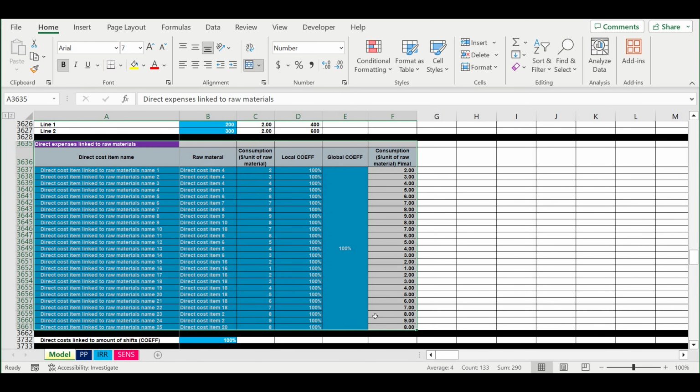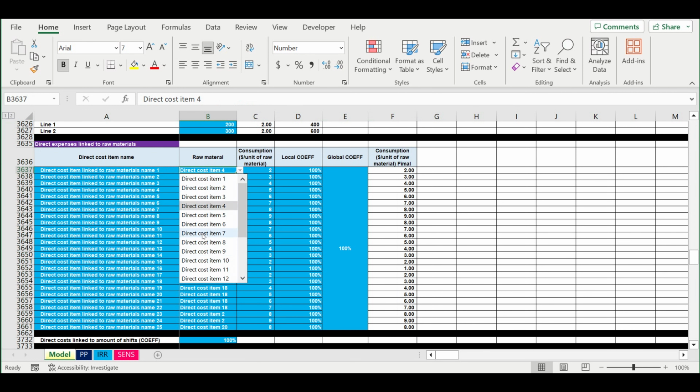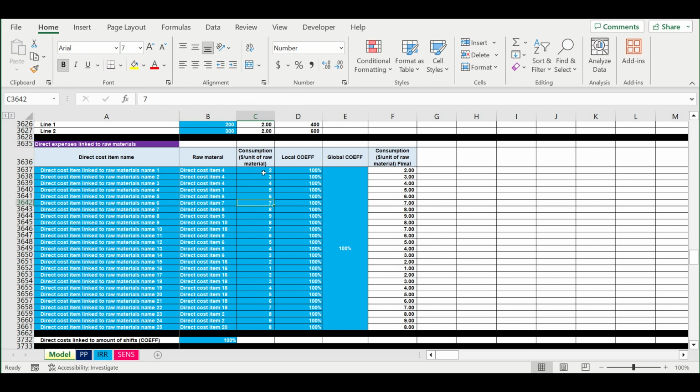Here, in this block of inputs, we're specifying the name of direct cost item. Then we set up the raw material to which this direct cost is linked to. Then we specify the value of this direct cost in dollars per 1 unit of raw material. Also, we are adding global and local coefficients for stress testing and scenario analysis.